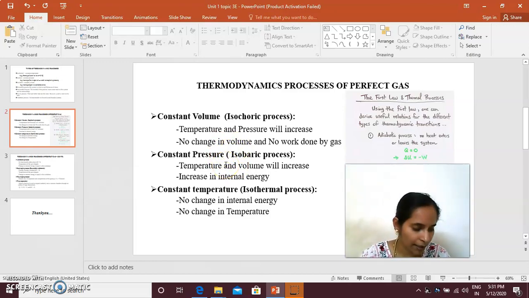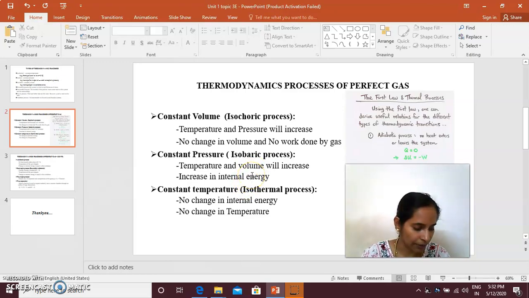For the isobaric process, the heat transferred Q1 to 2 is equal to Cp into T2 minus T1, and W1 to 2, that is work done, is P into V2 minus V1.